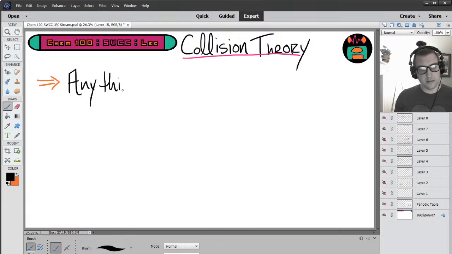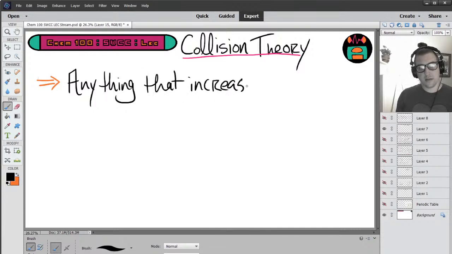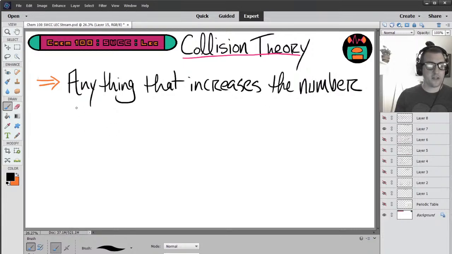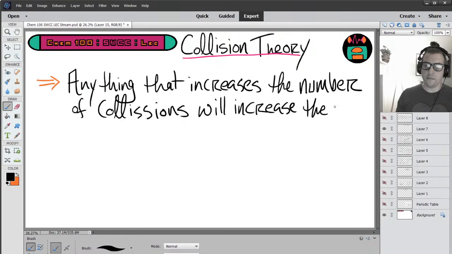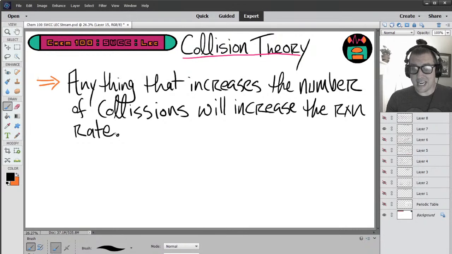Anything that increases the number of collisions will increase the reaction rate.